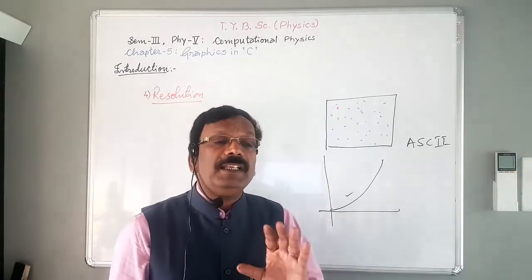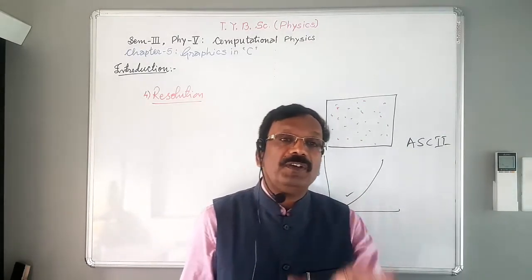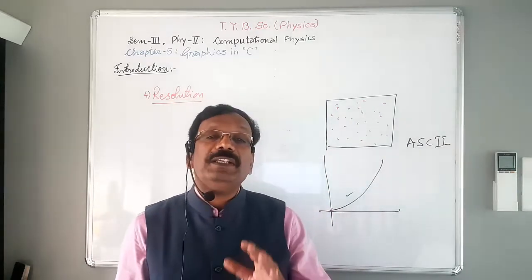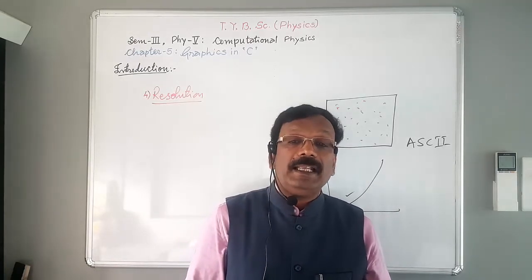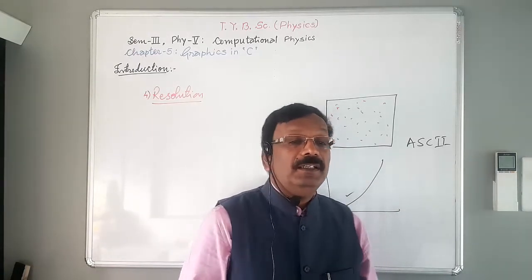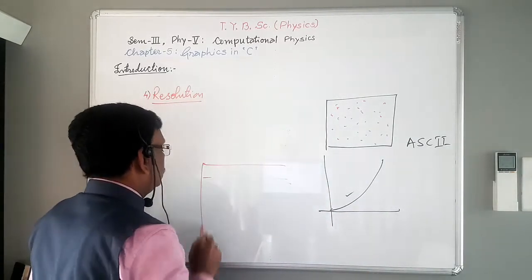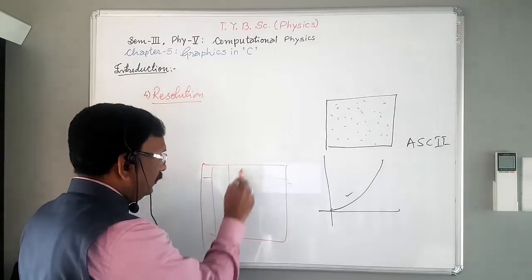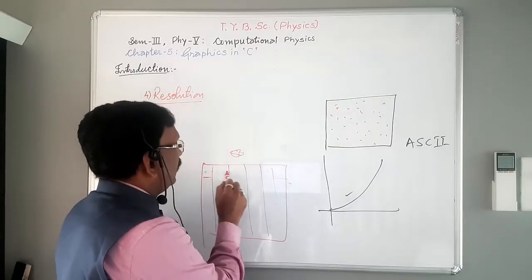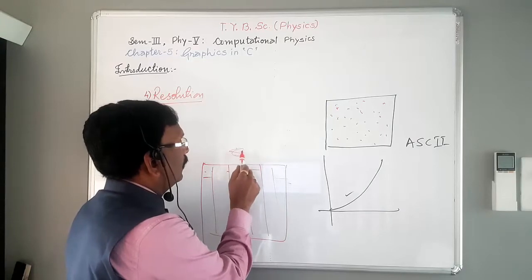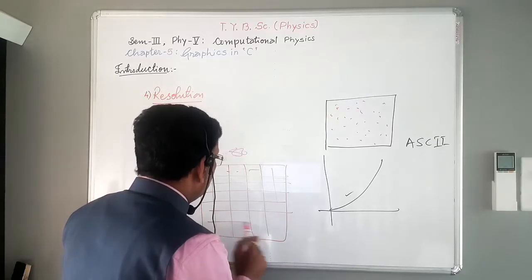Now the computer display, that is the screen of the computer or monitor, can normally be used either in text mode or graphic mode. In text mode, suppose this is the screen, it is divided into 80 columns and 25 rows.